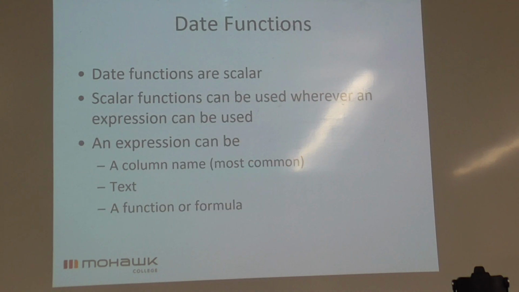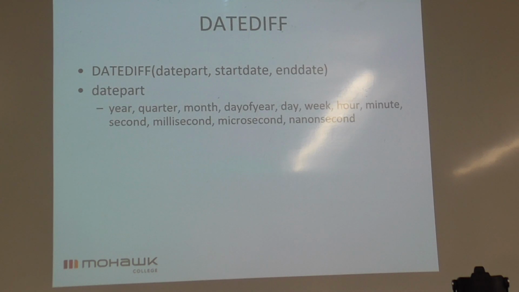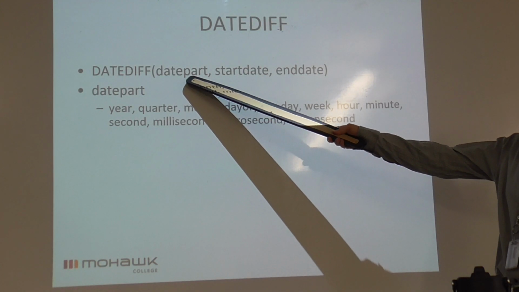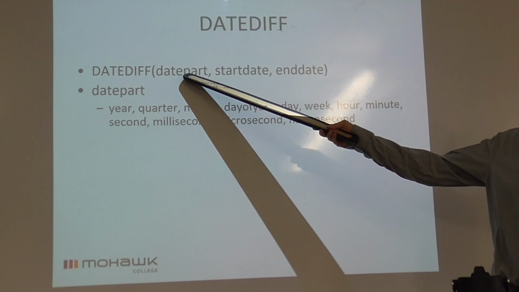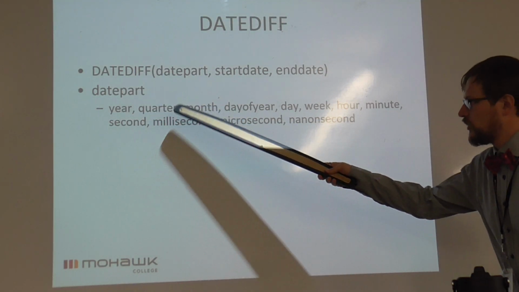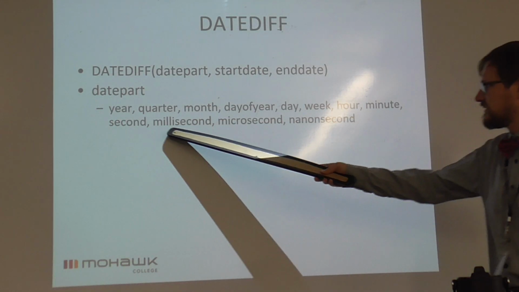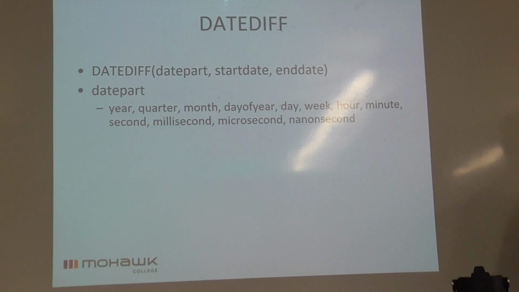If you feed two of those into the date diff function, it will tell you what the time difference is between those two dates in terms of whatever date part you specify. Year, quarter, month, day of year, day, week, hour, minute, second, millisecond, microsecond, nanosecond.